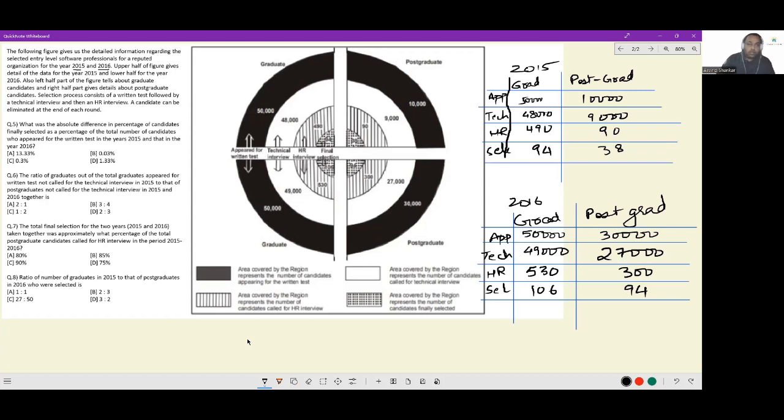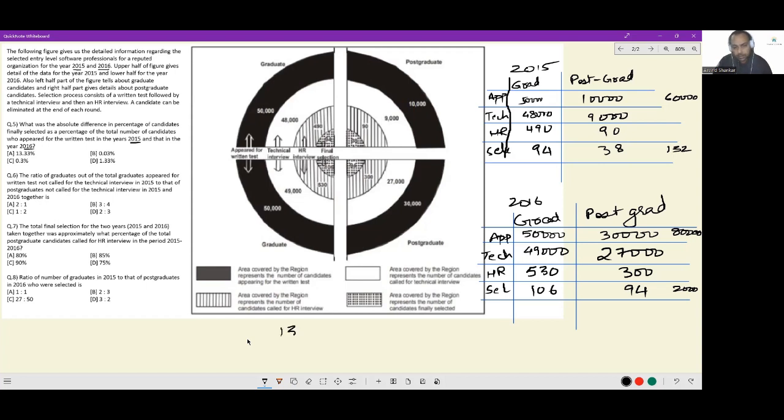What was the absolute difference between the percentage of candidates finally selected as a percentage of total number of candidates who appeared for the written test in the years 2015 and that in 2016? Okay, so appeared here is 60K and finally selected is 132, and here appeared is 80K and finally selected is 2000.